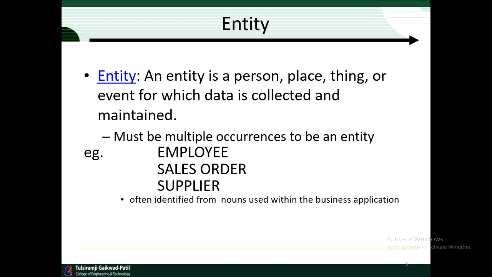These are entities, and for these entities we are creating the database. Anything in the real world can be an entity. We can create data for any of the things in the real world and we call it an entity, often identified from the nouns used within the business applications.